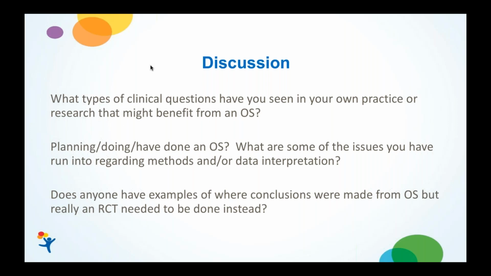So I think that's a really great example of where conclusions, at least in the media, were made by observational studies, but really an RCT is needed to be able to address and overcome the barriers of the observational studies that were done. And the barriers there were about confounding factors in the patients who were getting hydroxychloroquine. A lot of them were very, very sick and also getting other kinds of medications. And so it was very hard to sort out whether the effect was hydroxychloroquine related or other things.